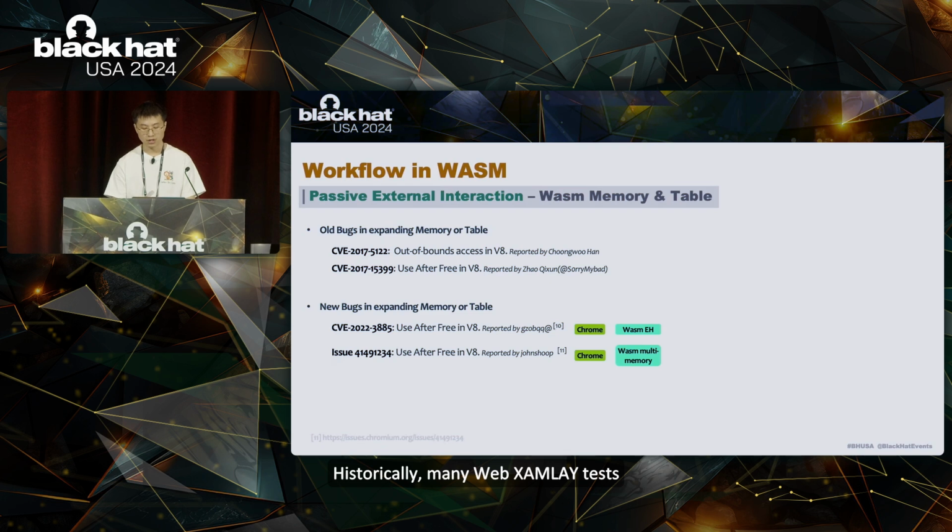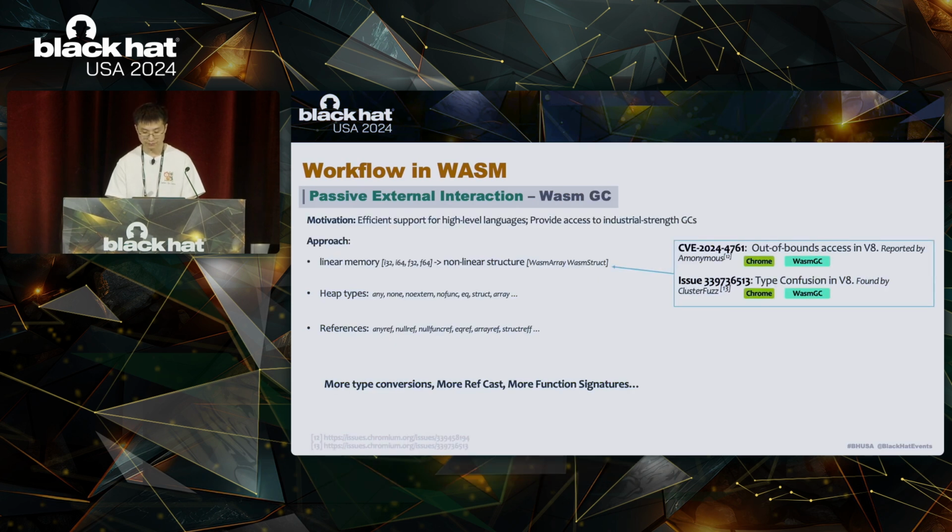Historically, many vulnerabilities have arisen due to side effects from the grow method used to expand the memory of WebAssembly, leading to use after free issues. Such vulnerabilities faded after 2017, but now they are coming back with the increasing interaction between JavaScript and WebAssembly.